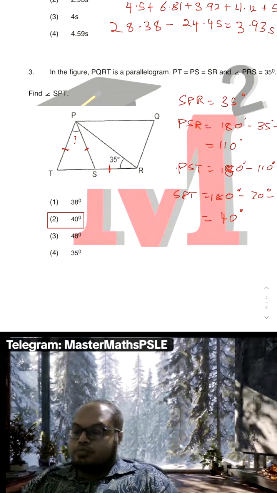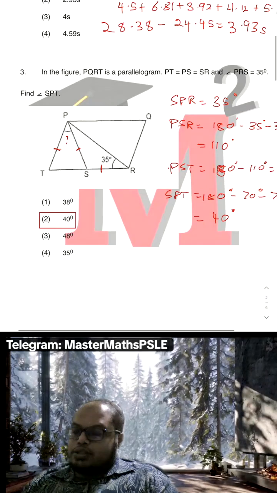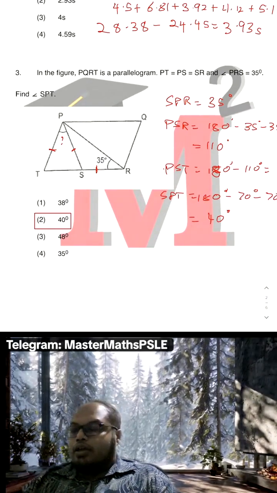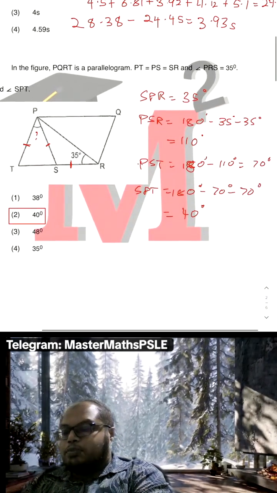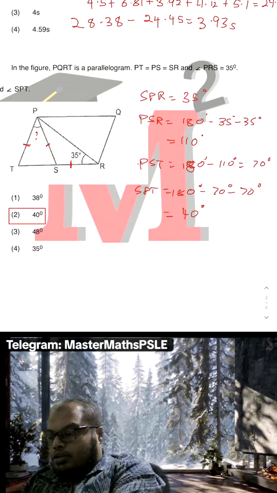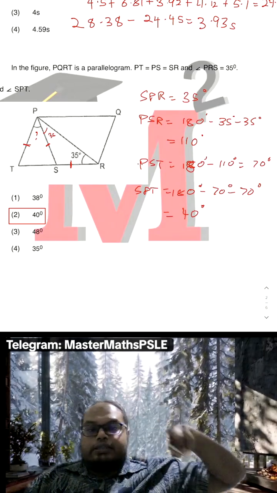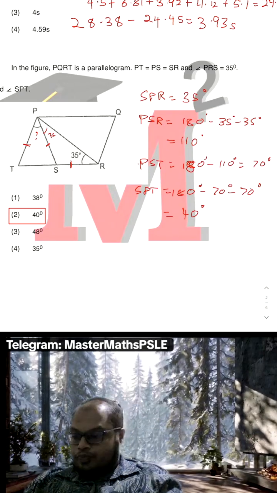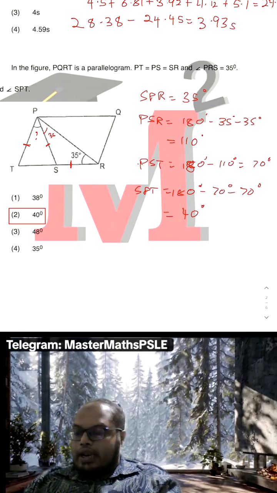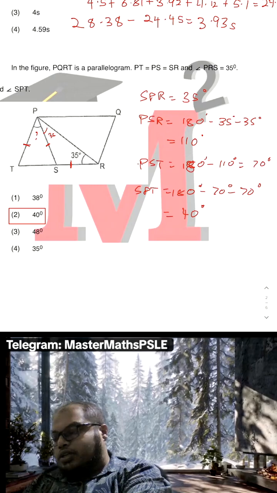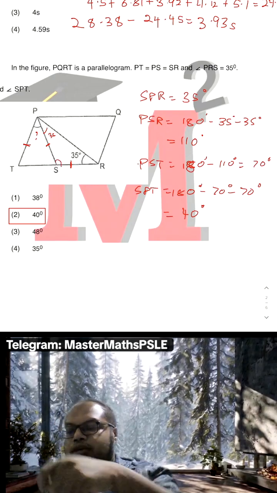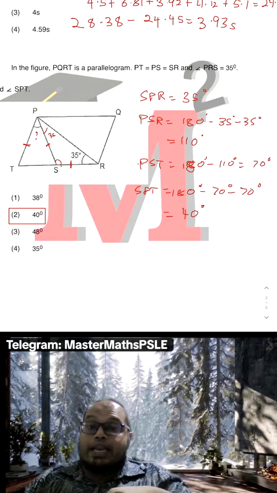So for my method, I note down SPR equals to 35 degrees. This one is also 35 because, like I said just now, that is an isosceles also. With that I can find PSR, which is this one here. 180 minus 35 minus 35, I got 110.